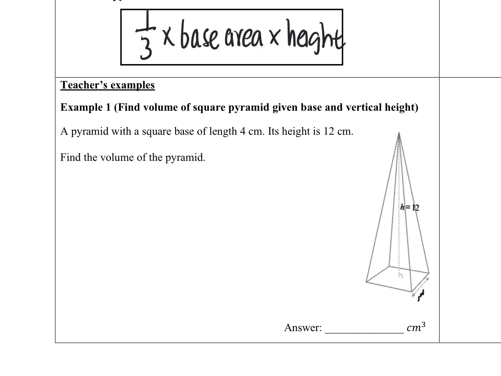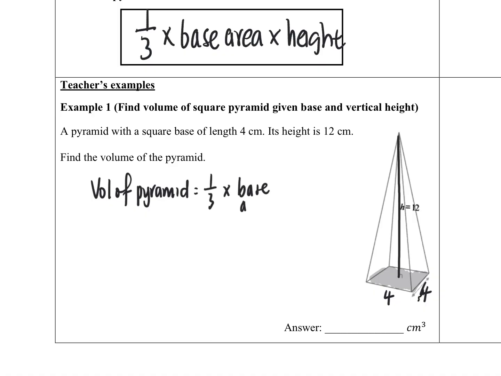I have a square base here, and they say the length is 4 by 4. The height must be the vertical height, which is 12. So the volume of a pyramid is 1/3 times the base area times the height.